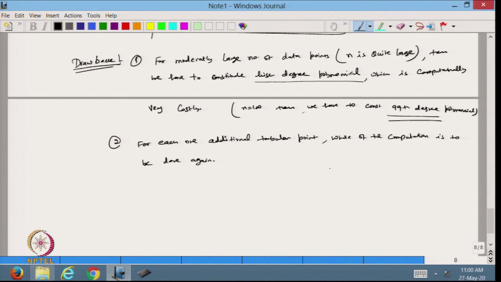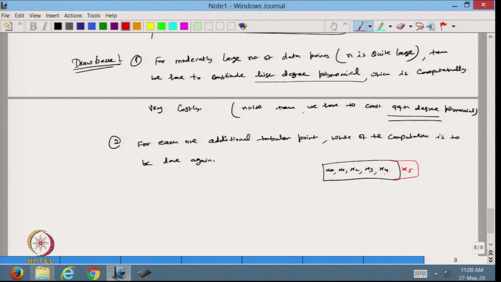Like we have 5 points, suppose my 5 points are given to me: x0, x1, x2, x3 and x4. Based on these, I will constitute the 4th degree interpolating polynomial. Then somebody asks me to add one more point, so now we have 6 points.